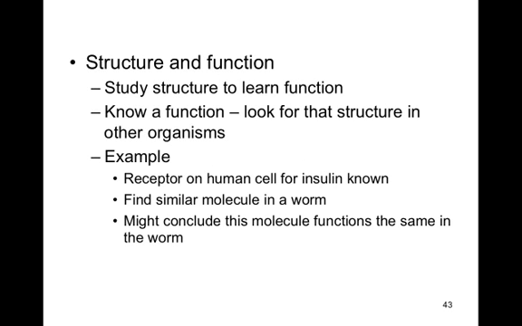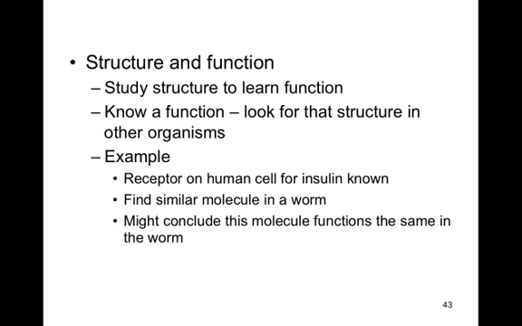It may seem fairly obvious that structure and function are related. We can study the structure to learn the function of a particular enzyme, or maybe even a beak shape. And if we know the function of a protein, we can look for the same structure in other organisms.